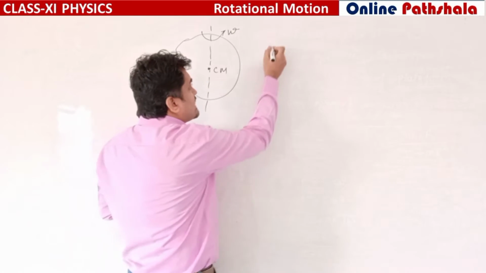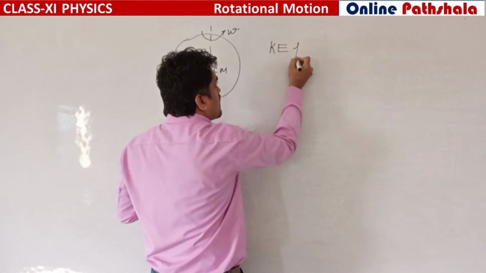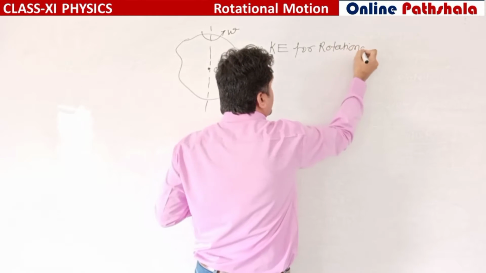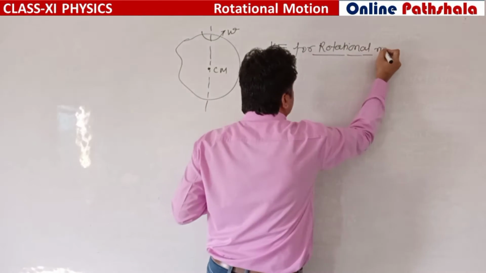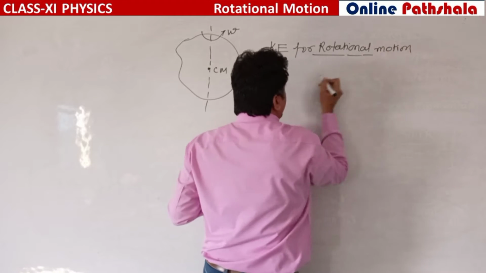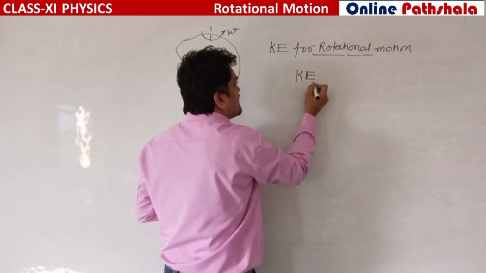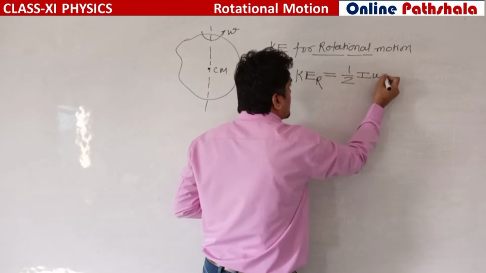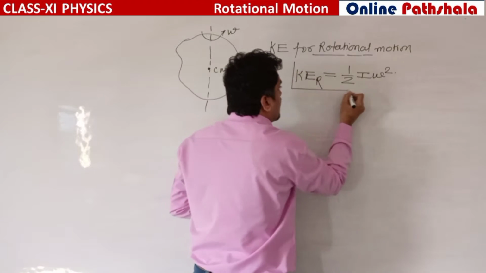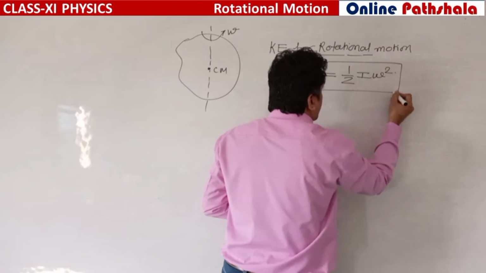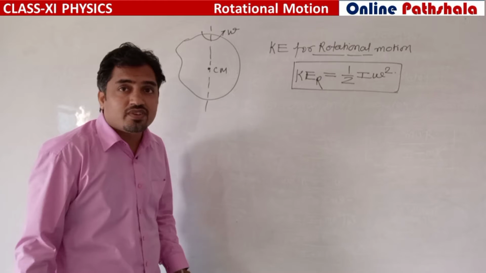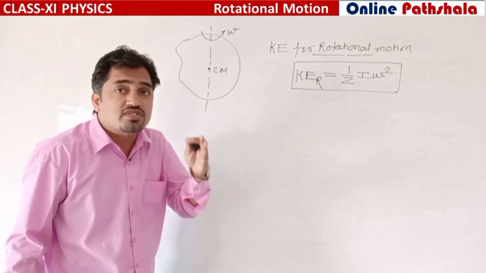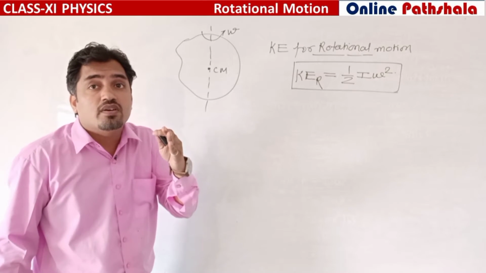So the kinetic energy for rotational motion, KER, is equal to half I omega square. Same as you know very well, the formula for the kinetic energy for translatory motion is half mv square.